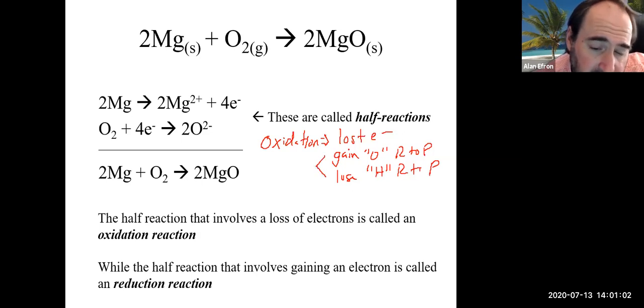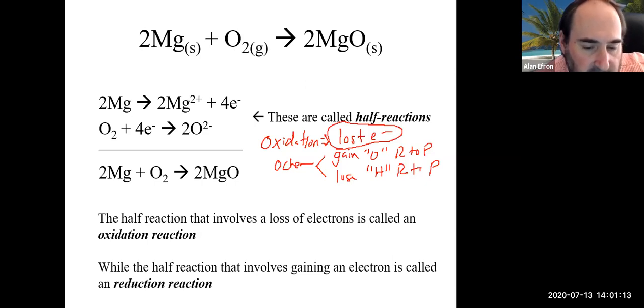Again, these two mainly you see more in OChem. In general chem, we usually focus more on the gaining and losing of electrons, and reduction really does have the opposite definitions.